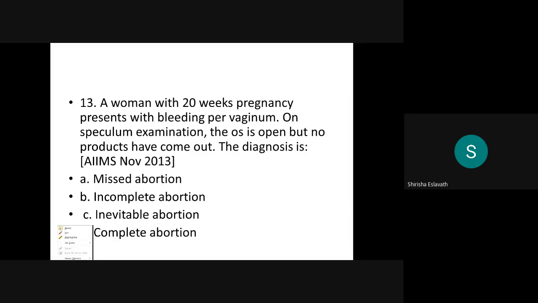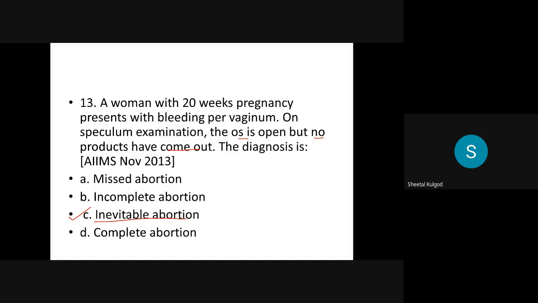In this scenario, what they have described is that the os is open, but no products have come out yet. So it is not fitting the criteria of incomplete abortion, missed abortion, or complete abortion. Our answer here, as we discussed, will be inevitable abortion.